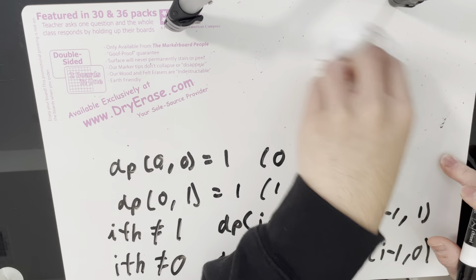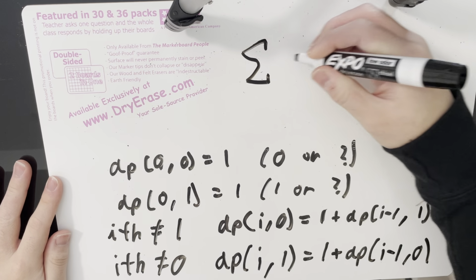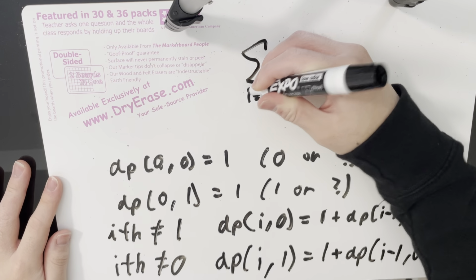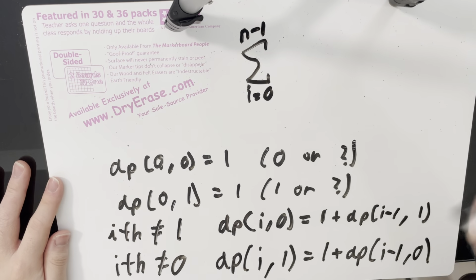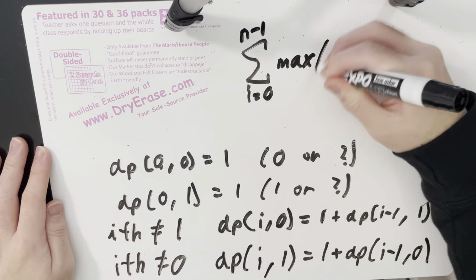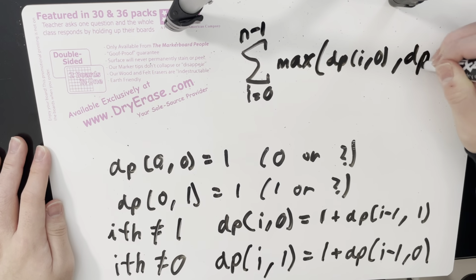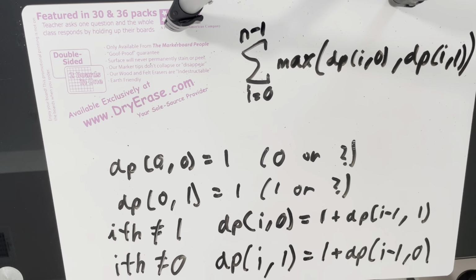Let me just erase this. So the final answer is essentially the sum, for I equals 0 up to n minus 1, assuming this is 0 indexed, of the maximum of DP at I and 0 and DP at I and 1. The reason is that we want to count all beautiful substrings.